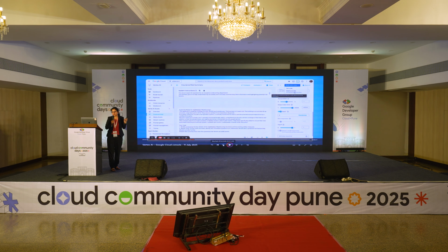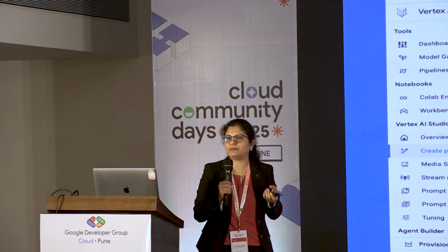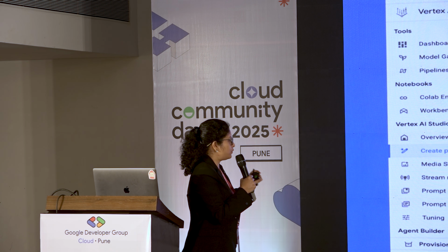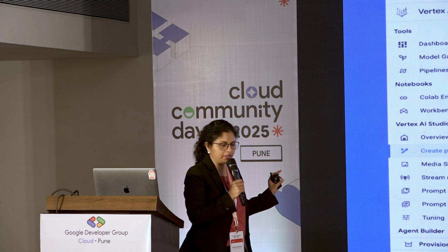But if we have a temperature of 0.1 or 0.2, and top P as 0.1 or 0.2, you will get the exact answers again and again. Even if you give a different prompt, you will get the same output again and again. So this is how we have tuned our model right now.